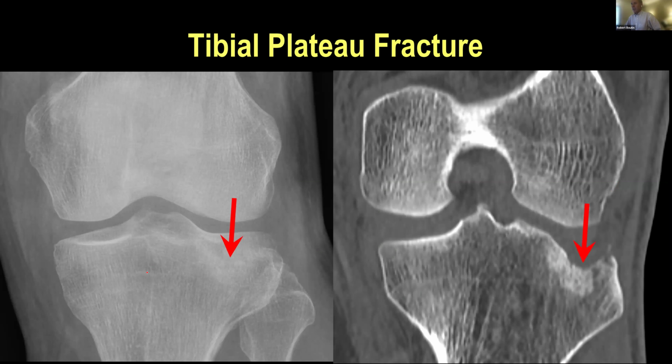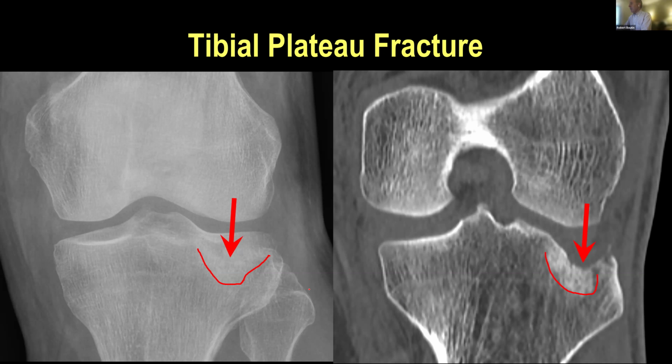So valgus injury, MCL injury, but then the lateral femoral condyle gets driven down. And you can see that there's just sort of some subtle sclerosis here as the trabeculae and cortex are sort of impacted together, but it's a tough call. So if you see a lipohemarthrosis and the patient has ongoing symptoms, you might think about some advanced imaging.